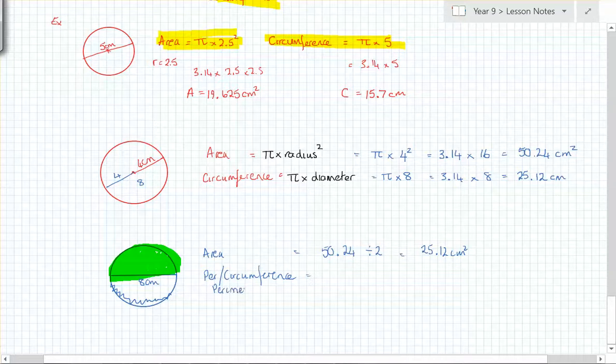What would you say? Is it 25.12 divided by 2? No? Why not? If it's half the circle, surely it's half the perimeter as well. Half the area makes sense, yeah? What about half the perimeter? Does that make sense? Or do you think there's something wrong?